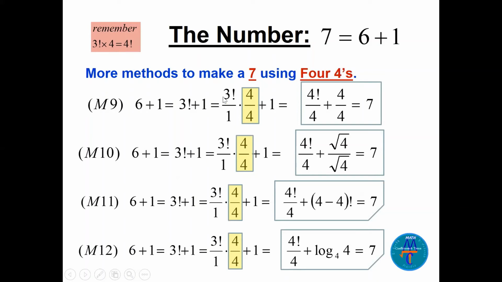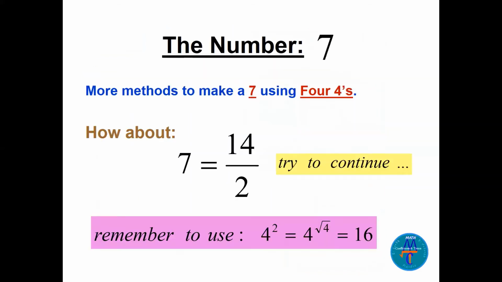Multiply up and down by 4. So 3 factorial times 4 is 4 factorial over 4. So this is like 24 over 4, 6 plus the 1. Now the 1 you can change, or 0 factorial, or log base 4 of 4. So that's now 12 methods.